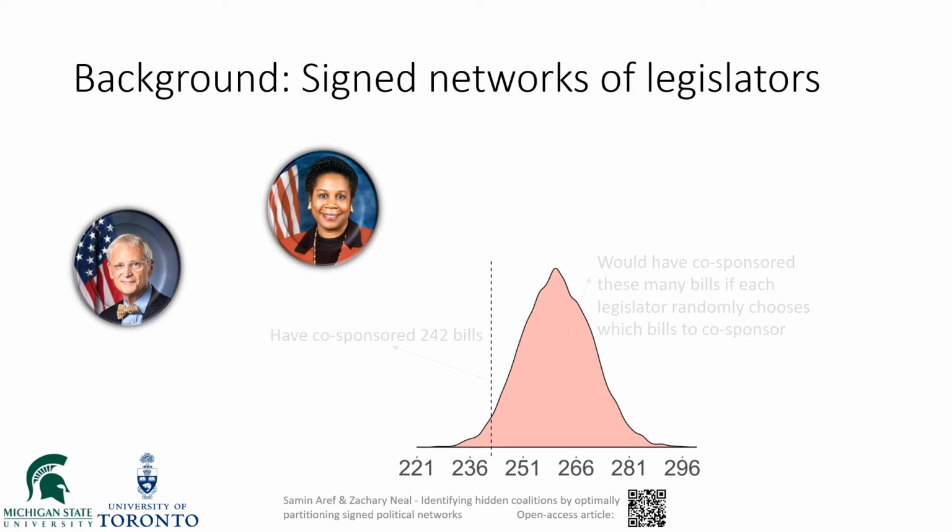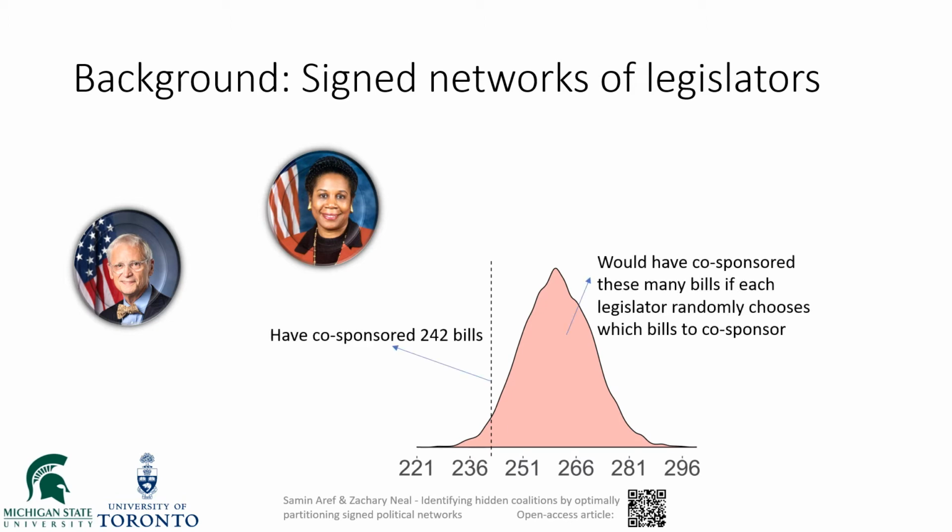These two legislators have co-sponsored 242 bills together, and we compare this number against the number of bills that they would have co-sponsored if each legislator randomly chooses which bills to co-sponsor. Based on this comparison, we can see that 242 bills is much smaller than what is expected by chance in the null model. Because of this, we consider a negative edge between these two legislators.